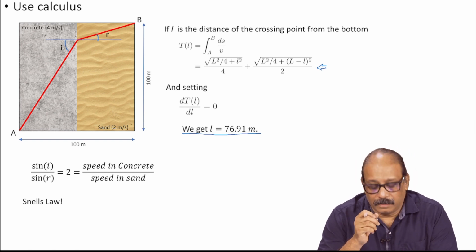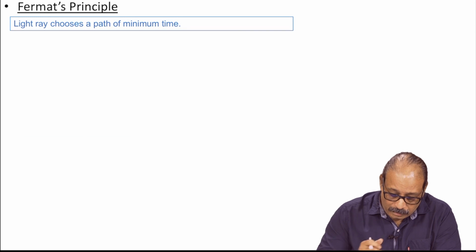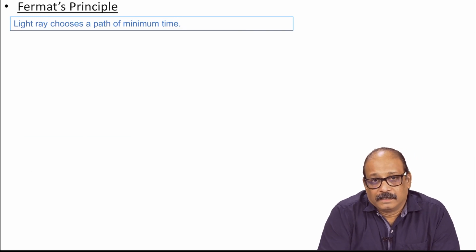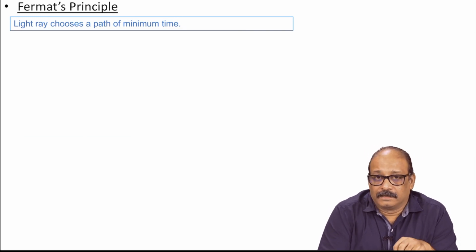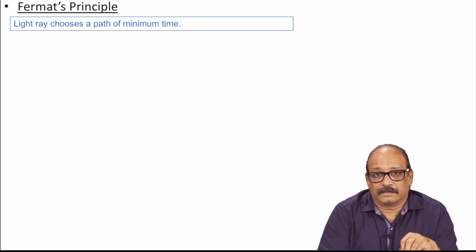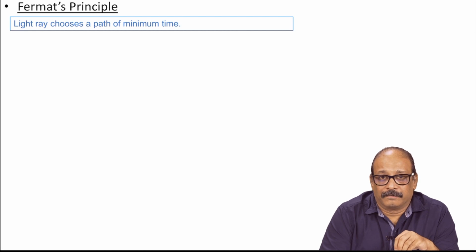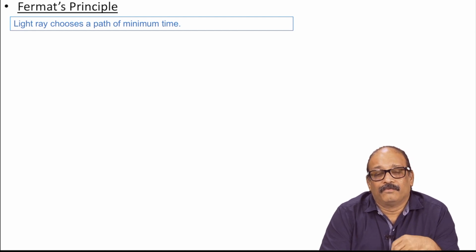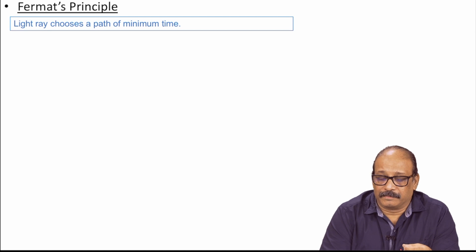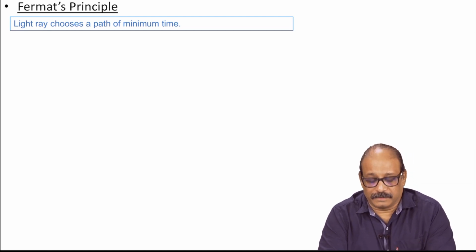Now, Fermat's principle for light says, this is in geometrical optics, that light rays would take such a path between 2 points which takes the minimum time, or which takes the shortest amount of time.